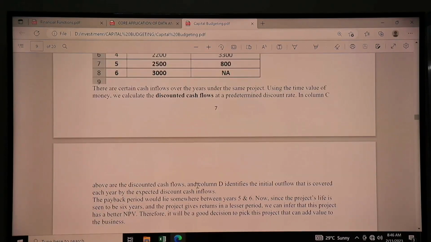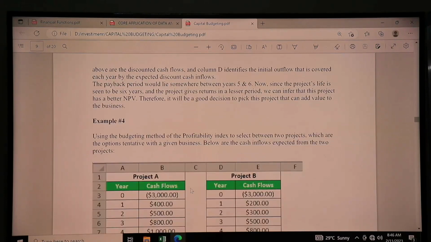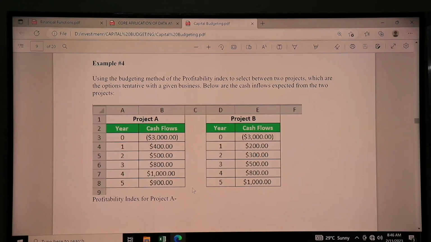After that, we have seen the last way of confirming, which is the profitability index. Using the profitability index method to select between two projects, which are alternatives for the given business, this is project A and this is project B. You have the initial amount invested, the same amount, and these are the returns for every project.